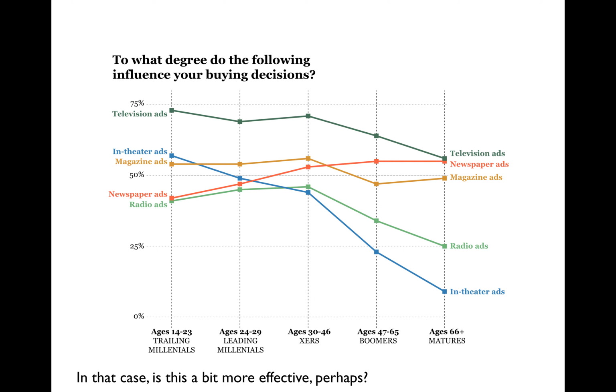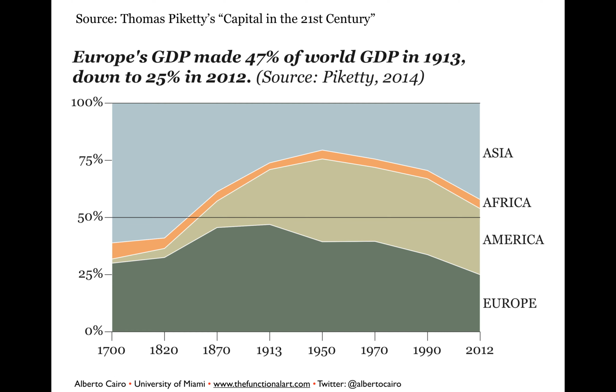Let me show you another example of emphasis. This is a graphic that comes from Thomas Piketty's Capital in the 21st Century, which was a bestseller, I believe, when it was published in 2015.